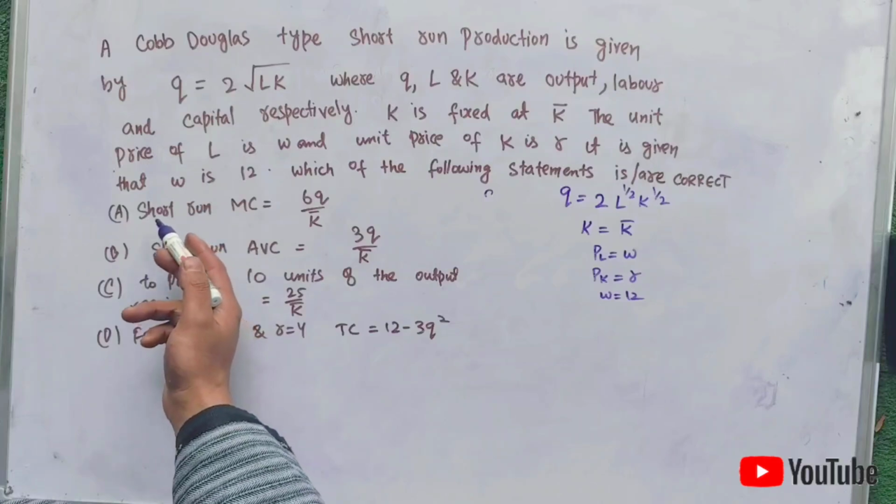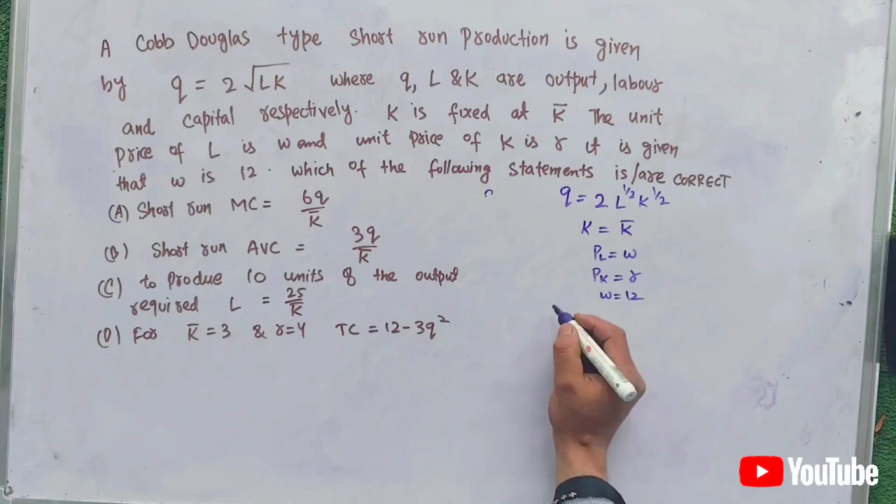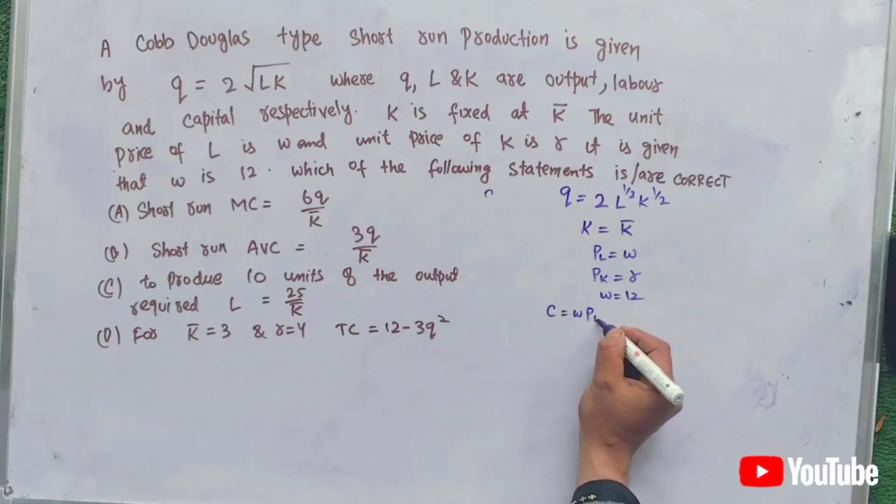Okay, so we are being told short run marginal cost is this very step, 6Q upon K bar. Okay, so what will we do? So what will be the total cost function?